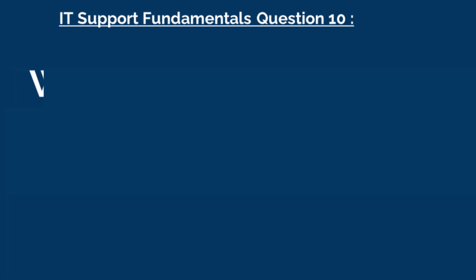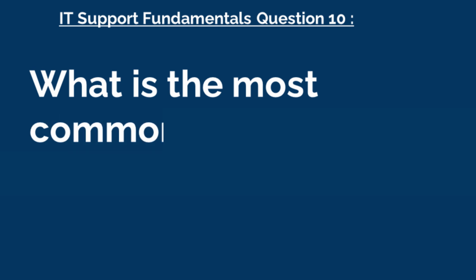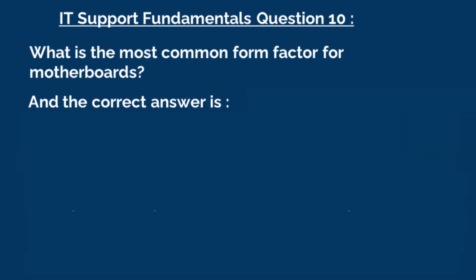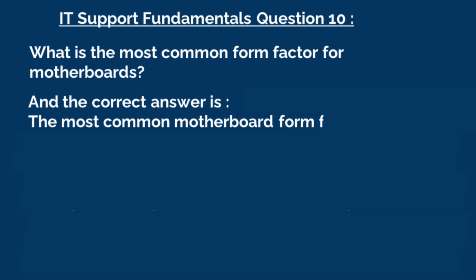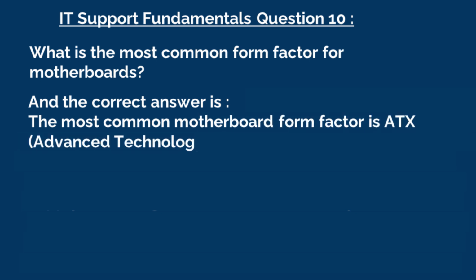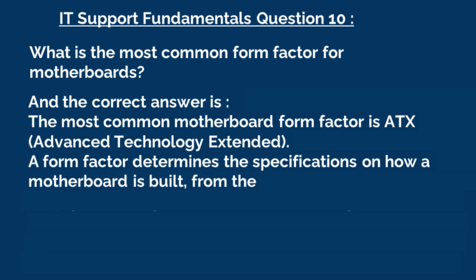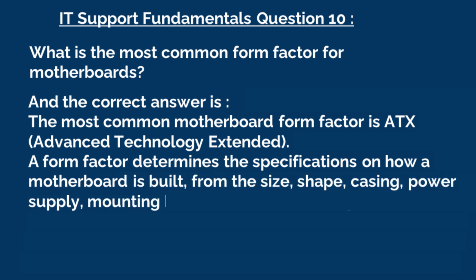Question 10. What is the most common form factor for motherboards? The correct answer is the most common motherboard form factor is ATX, or Advanced Technology Extended. A form factor determines the specifications on how a motherboard is built, from the size, shape, casing, power supply, mounting holes, and overall layout.